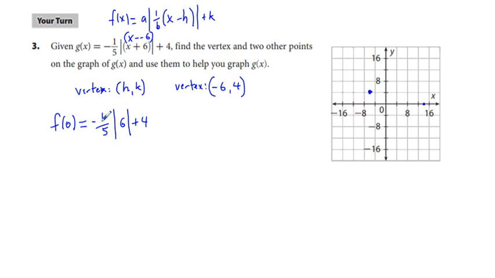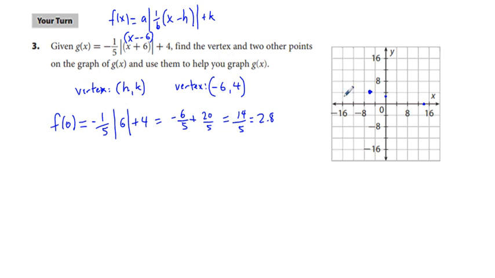So we get negative 1/5 of 6, so that's negative 6/5 plus 4, and 4 is 20/5, and negative 6 plus 20 is going to be 14/5. Decimalized, that's 2.8. So at 0, we're going to go up to 2.8, and that's going to be about right here. All these are 4, right? So about here.